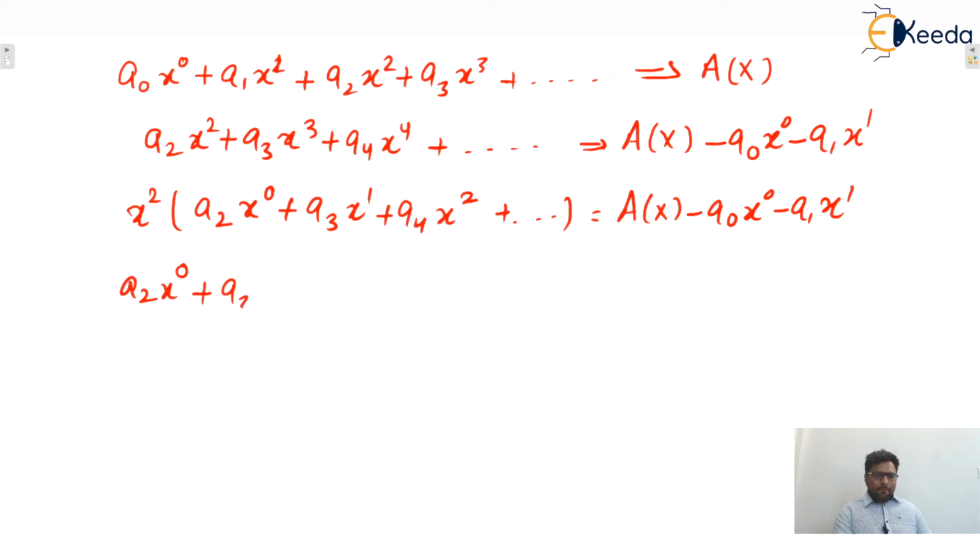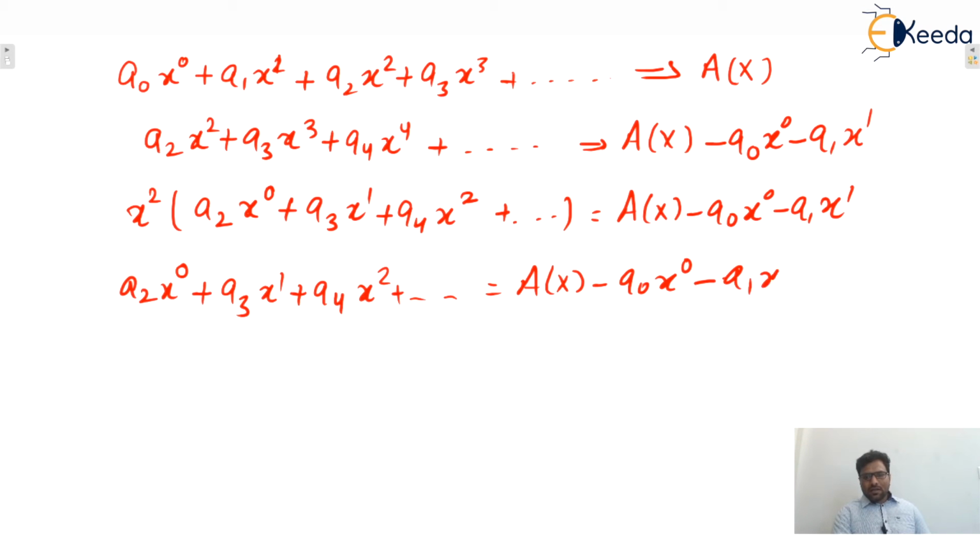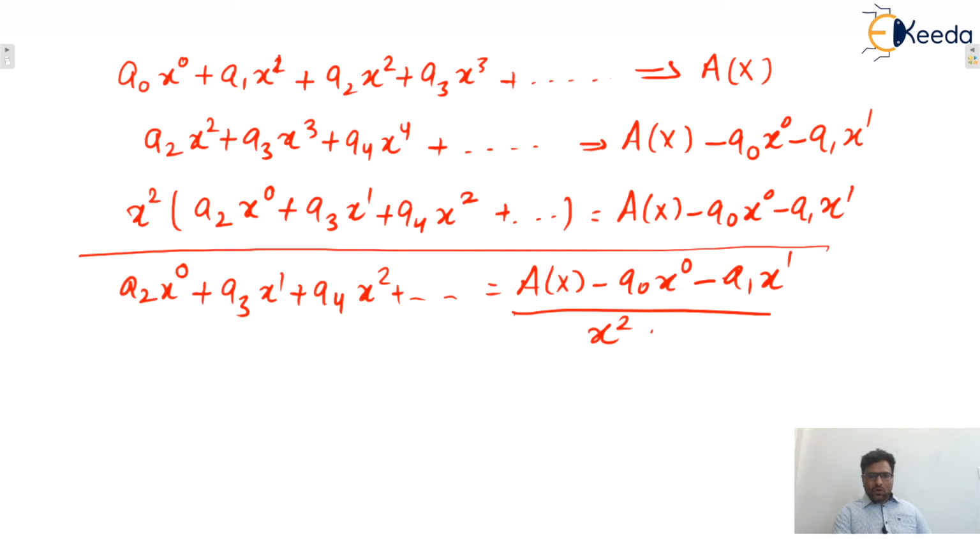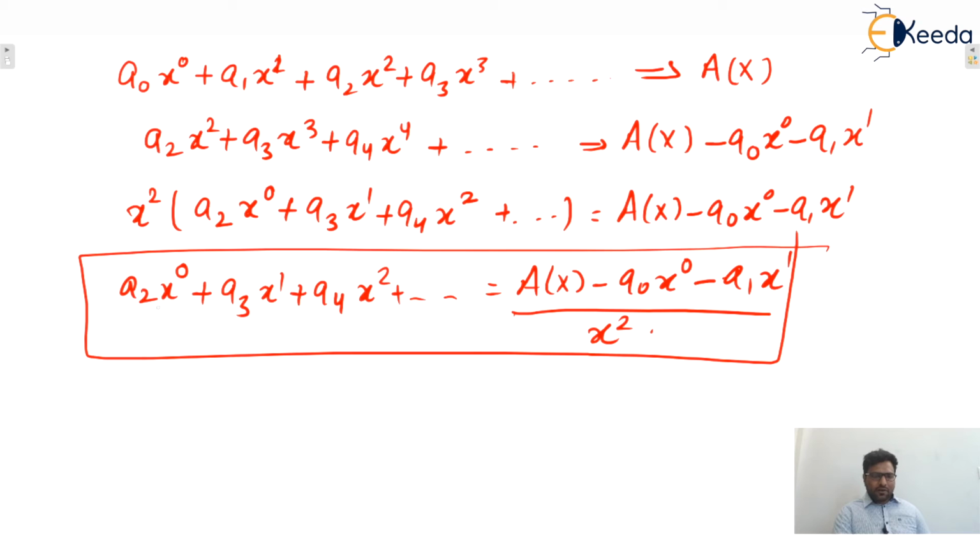That is A(x) minus a naught x^0 minus a1 x^1, divided by x^2. So this will be the generating function. We need to find the value of this one, and we can see that it is this one.